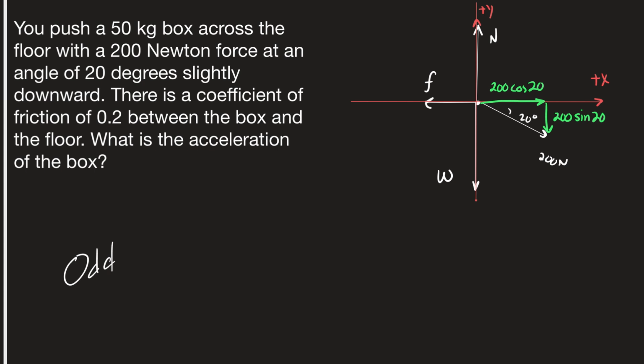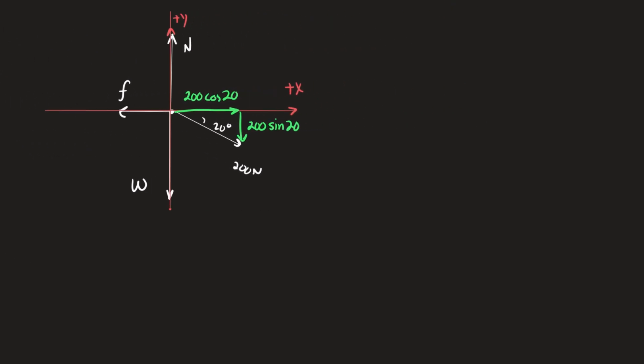Did you, after this, make a net force in the x direction and net force in the y direction expression? Right, there has to be one of each. And you had to set one of them to 0 and one of them to ma. So I'm looking for that too. In the x direction, there are two forces, 200 cosine 20 minus friction. I circled a lot of plus signs and minus signs for your direction.